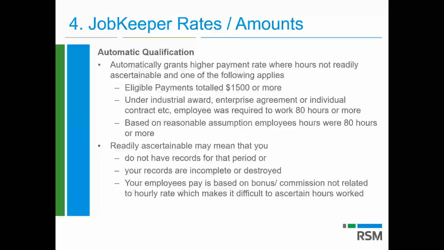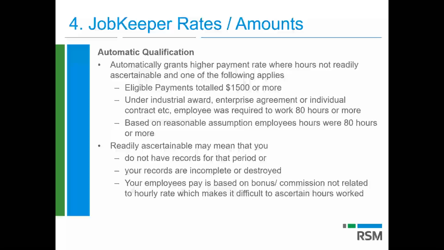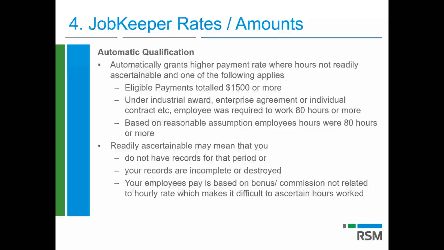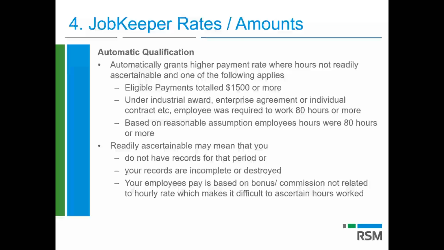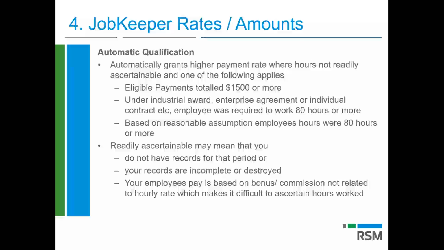Under an agreement or contract or similar document, the employee is required to work more than 80 hours in the 28-day period, or it is a reasonable assumption that the employee hours were 80 or more. And any reasonable assumption would need to be documented in the event that the ATO were to review it. Where one of those criteria are met, the employee will be deemed to be eligible for the higher rate.